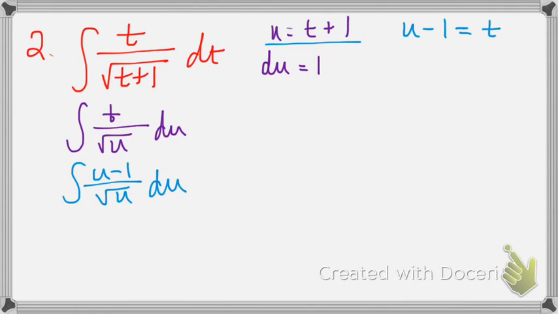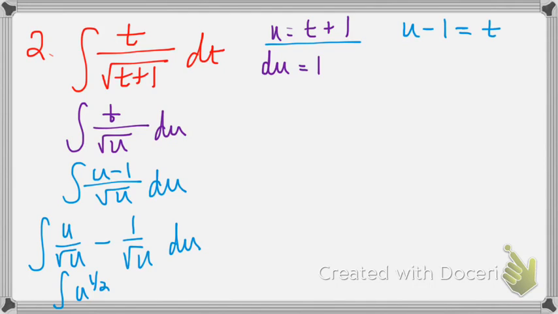Now I'm thinking about the antiderivative. In the last problem we distributed. On this one, you divide each one by the thing. So it would be u over square root of u minus 1 over square root of u. Subtract exponents, that would be u to the 1 half minus u to the negative 1 half. If you bring it up and then multiply, that's okay, that's just not normally the way I would do it.